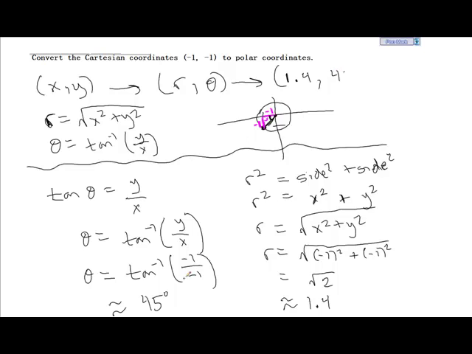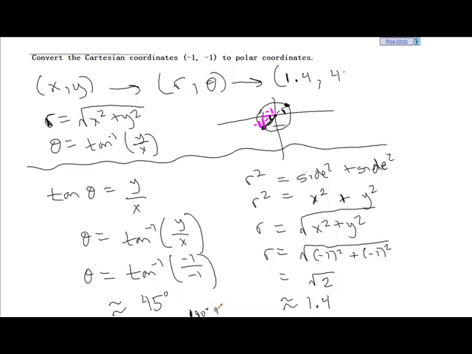That minor problem is that this really isn't 45 degrees, right? 45 degrees is somewhere up here. So the actual angle we're getting corresponds to this point over there. So what do we need to do? We know that this angle right here is 45 degrees, so this angle here must be 45 degrees. In order to get a point in the third quadrant, I know it's going to be 180 degrees plus something.